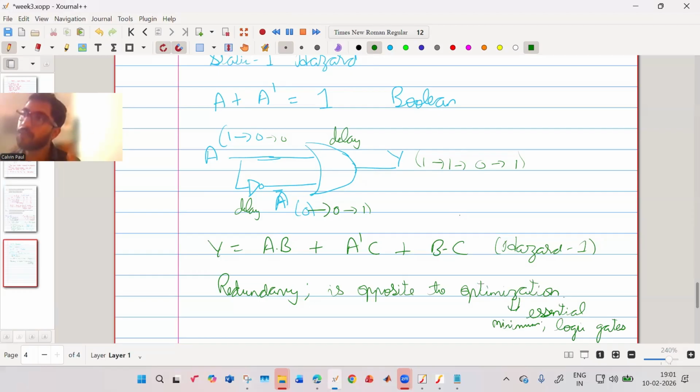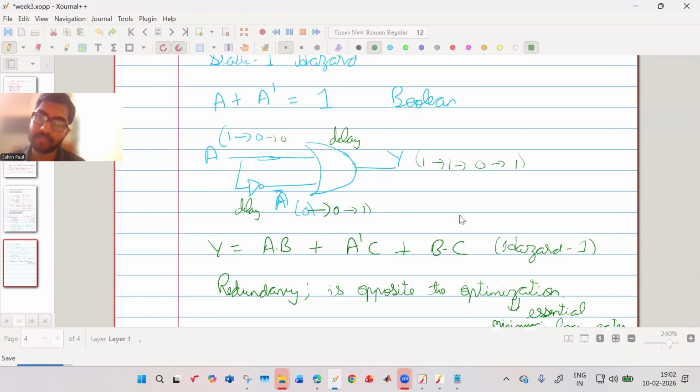But when you go for actual practical systems, like your spacecraft or very important systems, like your aircraft, the aircraft will not have only one engine, it will have two engines. That is, even if one engine fails, your second engine can still cope. In very critical, important equipment, you have two of something, so that in case one fails, the other can take over and function. So that is known as redundancy.